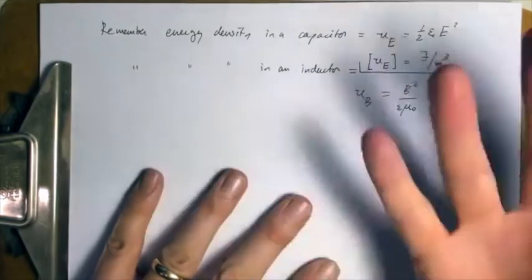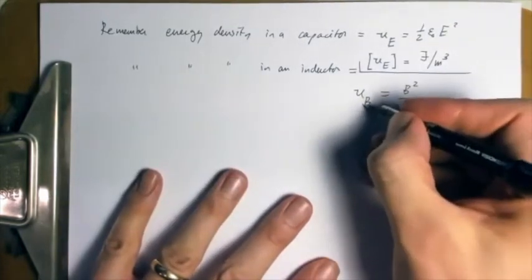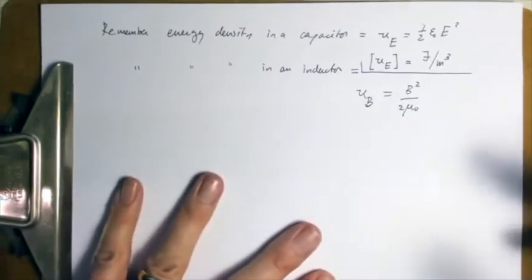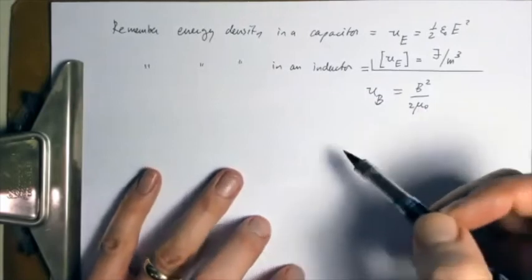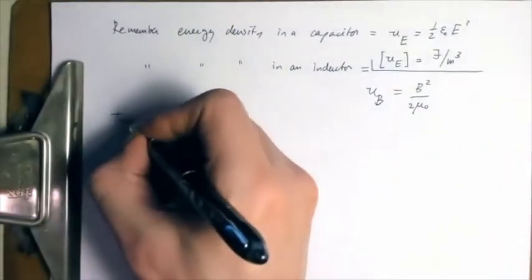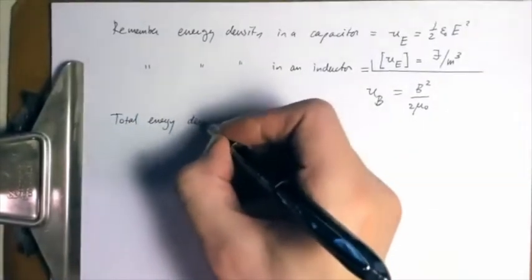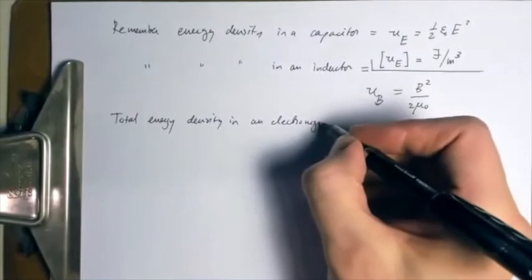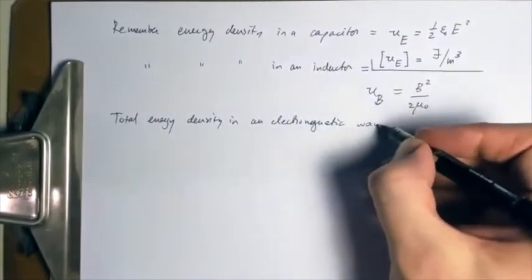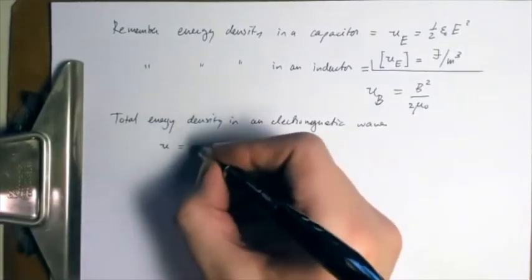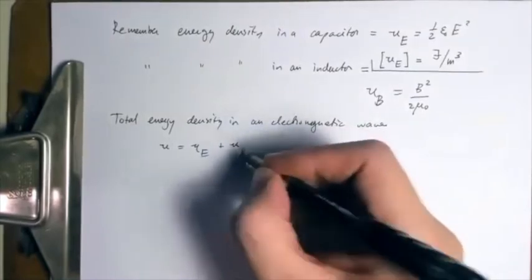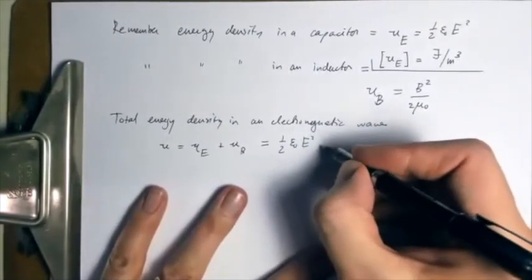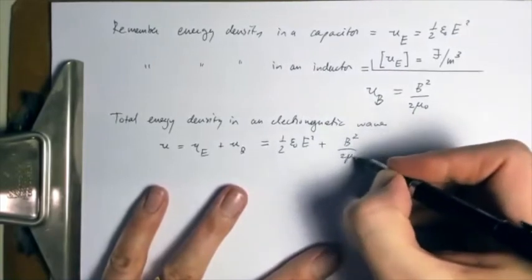All right. Now, if we expand this concept, the energy density, if we express it as stuff that's carried by a B field or an E field in the space between conductors, or the space enclosed in an inductor, then we can say that the total energy density in an electromagnetic wave is u_E plus u_B equals 1/2 epsilon naught E squared plus B squared over 2 mu naught.